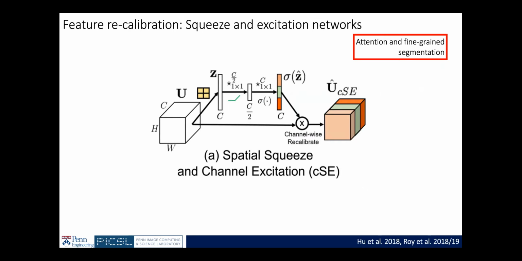One last thing I want to mention is this idea of having an attention mechanism to have fine-grained segmentation knowledge in your networks, called squeeze and excitation networks. Think of it like how we discussed a ResNet module.